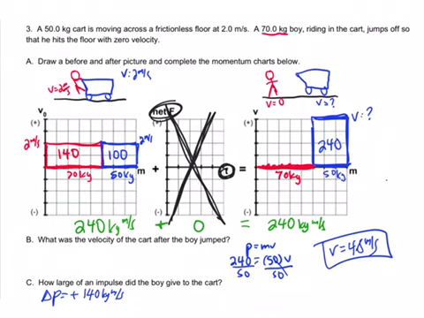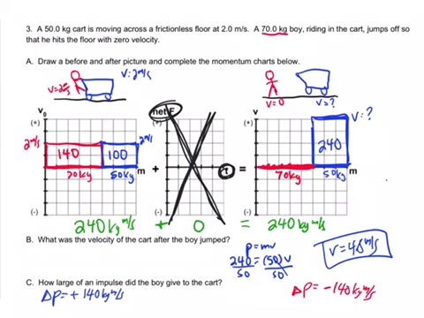So how did it go about doing this? Well, it happened because if we think of the boy and think about the boy's change in momentum, we see here that the boy started with 140 and now has zero momentum. So their momentum dropped by 140 kilograms times meters per second.